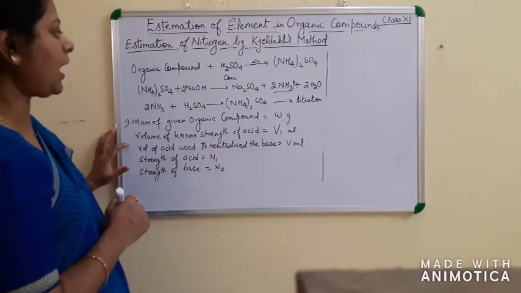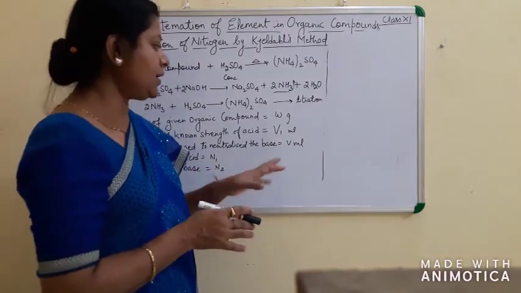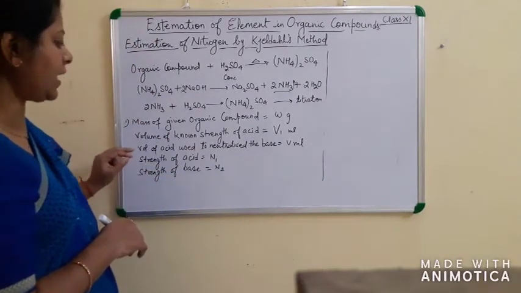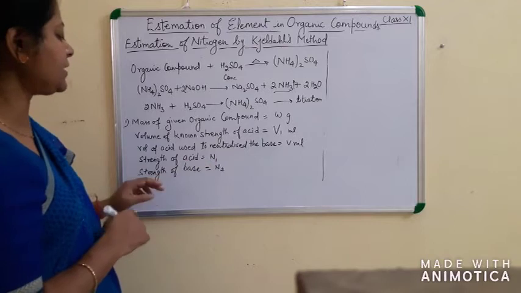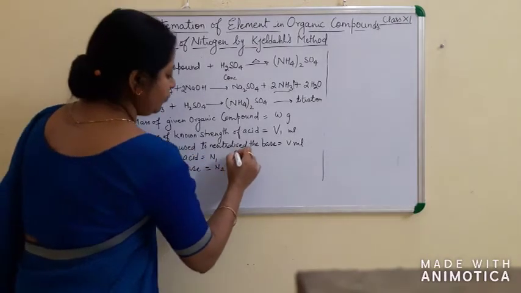The volume of the acid used to neutralize the base is V milliliter. The strength of the standard acid is N1 and the strength of the base is N2.